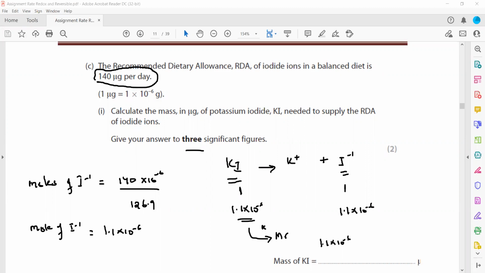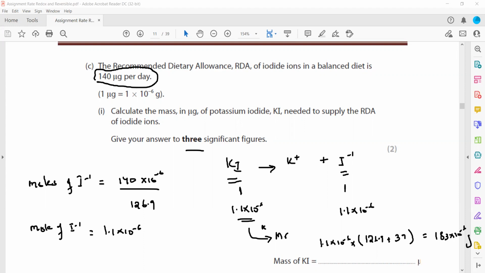It's 126.9, or you can say 127, plus the potassium mass, 39. So this will give you the mass in gram, which is about 183 into 10 to the power minus 6 grams.